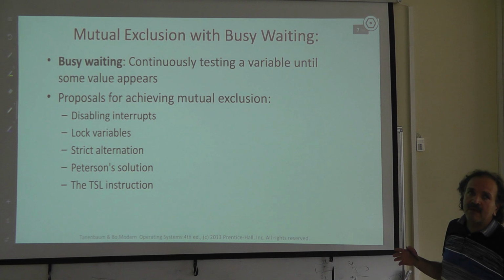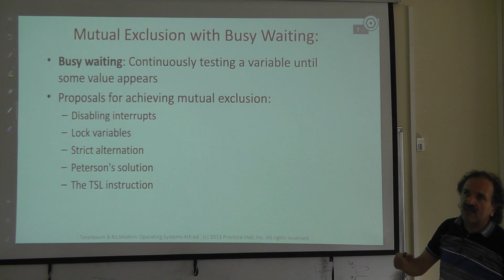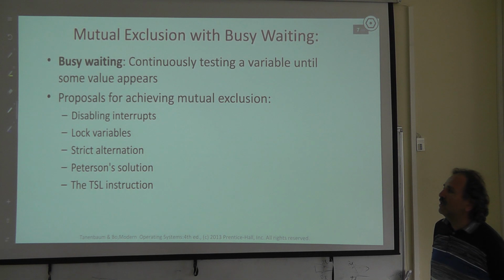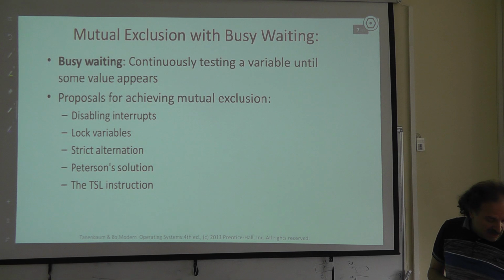Busy waiting meant that if a process is inside the critical region, the other processes need to wait for this process to finish its job. So they keep running this infinite loop until the other process finishes its job in the critical region.